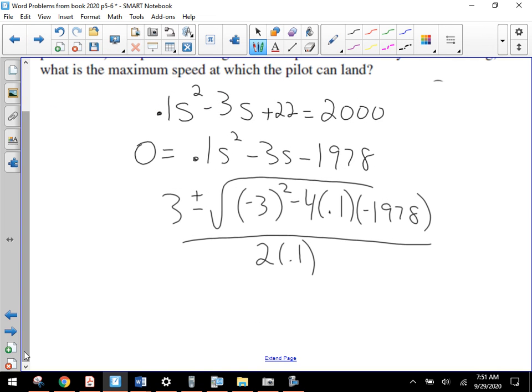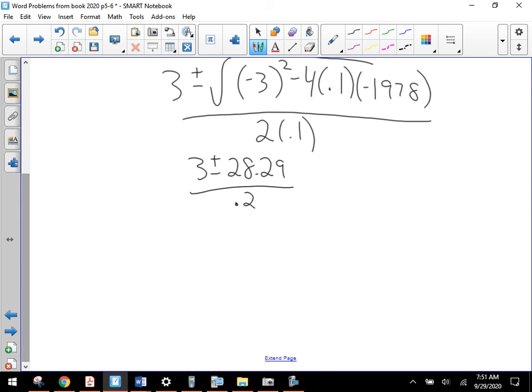From here, you wind up with values of 3 plus or minus 28.29, all over 0.2. Obviously, when I subtract this, I can get a negative value. You can't have negative speed, so we know that's not going to work. But the other one was roughly giving us 156.45, I think, speed per second. You don't have to worry about labels, I'm not going to worry about it.